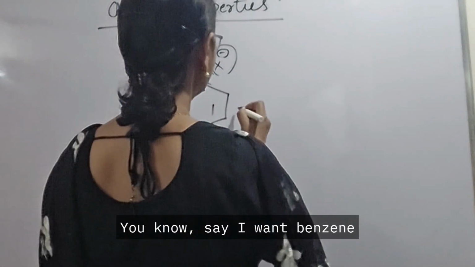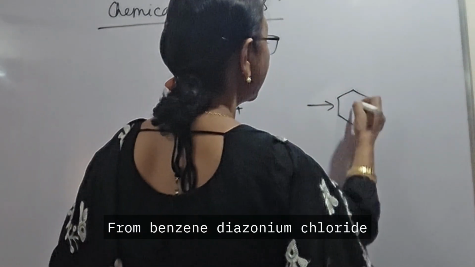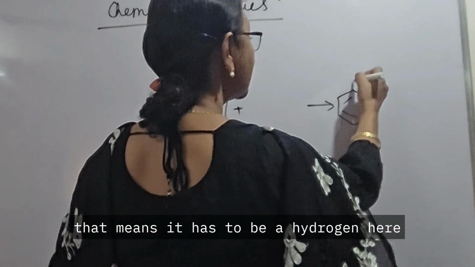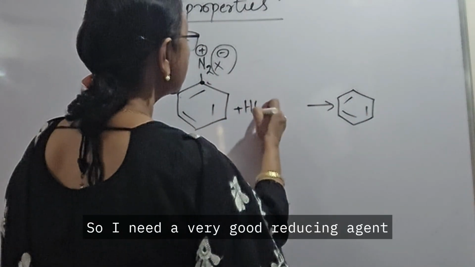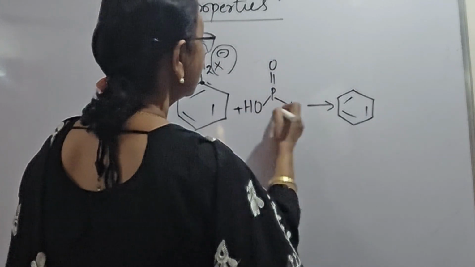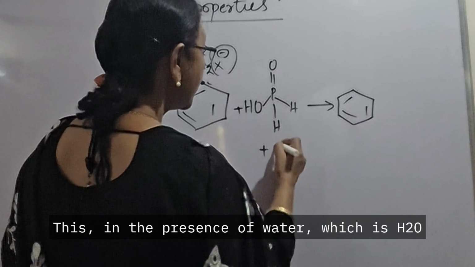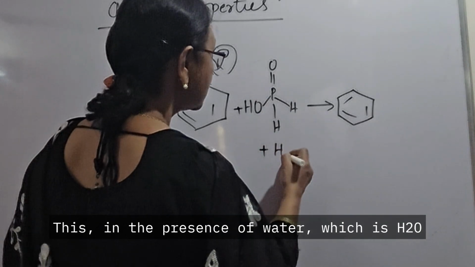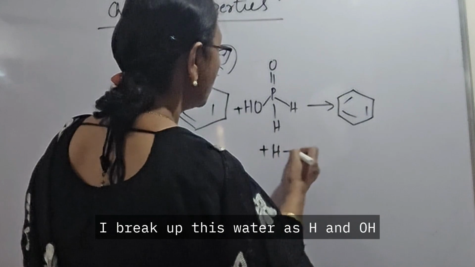Say I want benzene. From benzene diazonium chloride, I want benzene. That means there has to be a hydrogen here. So I need a very good reducing agent, and the good reducing agent is hypophosphorus acid, which is H3PO2, in the presence of water, H2O. I break up this water as H and OH.